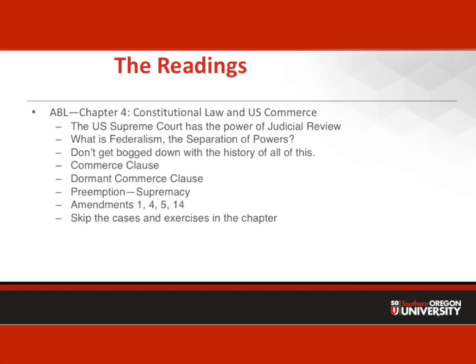You have the U.S. Supreme Court that has the power of judicial review, which means it can look at legislation that's passed by the different branches of government, or legislative branches of governments, state and local and federal, and determine whether that meets constitutional standards.